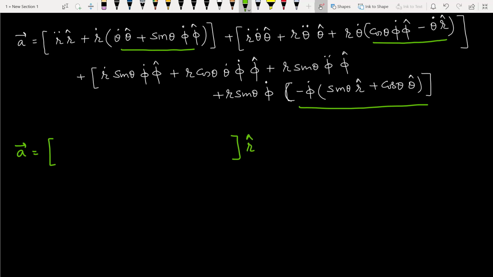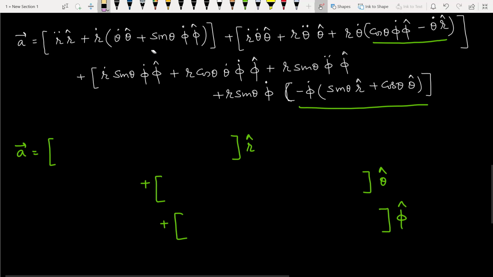r cap, theta cap, phi cap. So we will separate the terms and we keep on underlining each term that has been written.